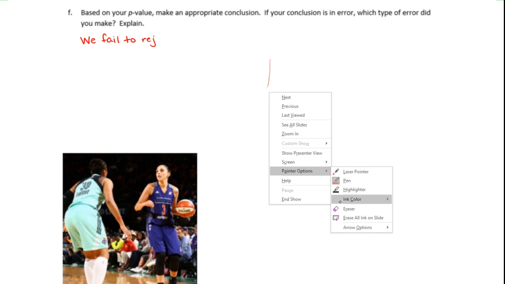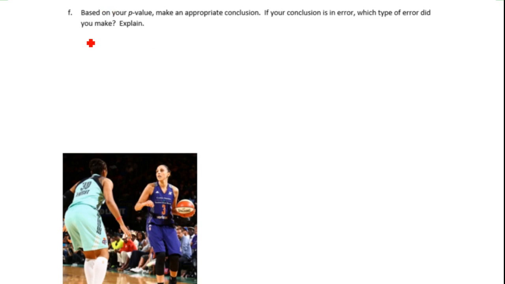We have convincing evidence that the Liberty had a greater ability to play defense at home than on the road.